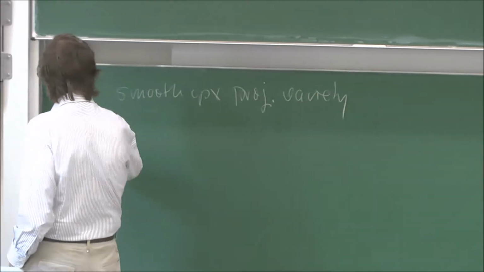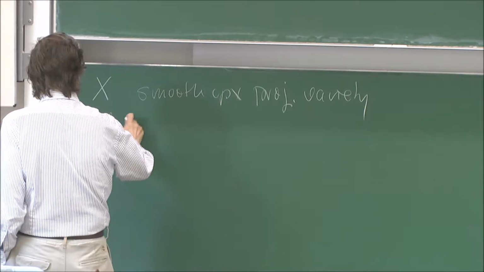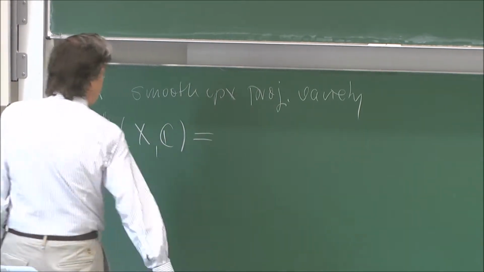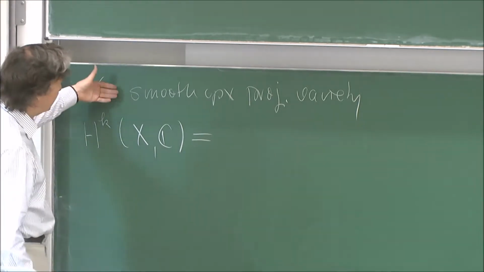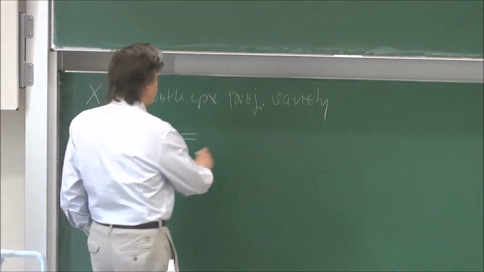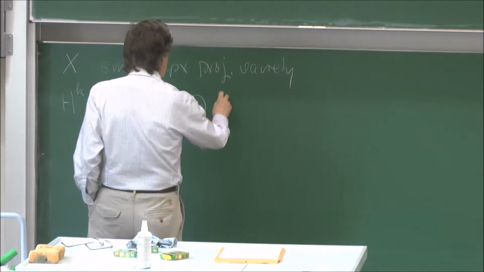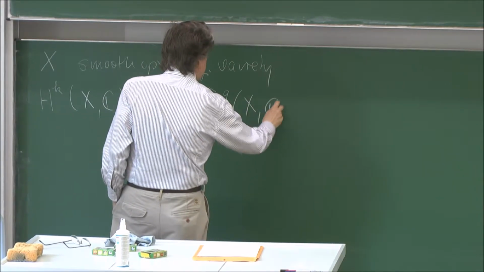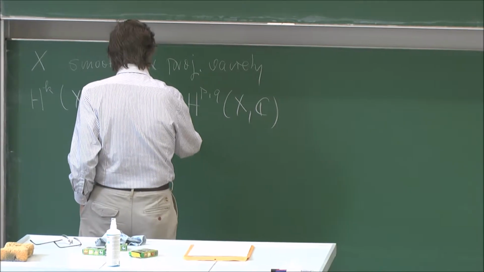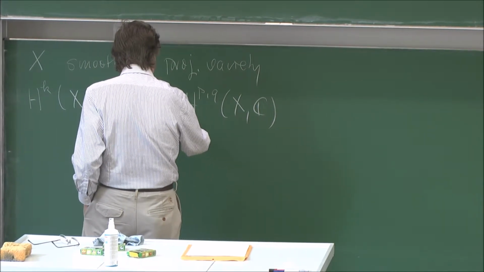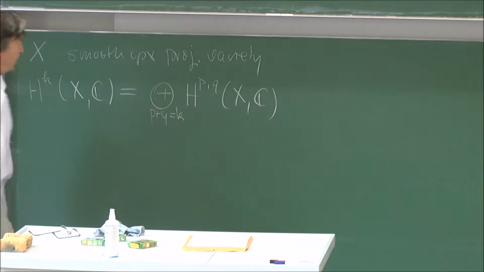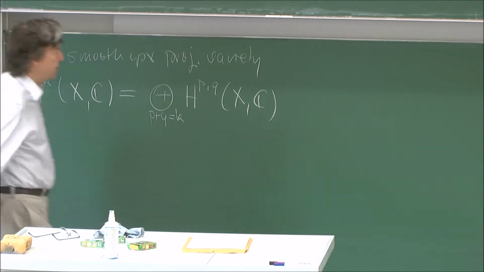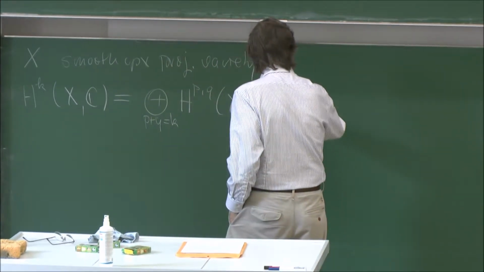And then if one looks at the homology with complex coefficients, the fact that it has this structure gives us a decomposition. So with p plus q adding up to k, and both of them non-negative, although I won't write this down. And so this is the Hodge decomposition.